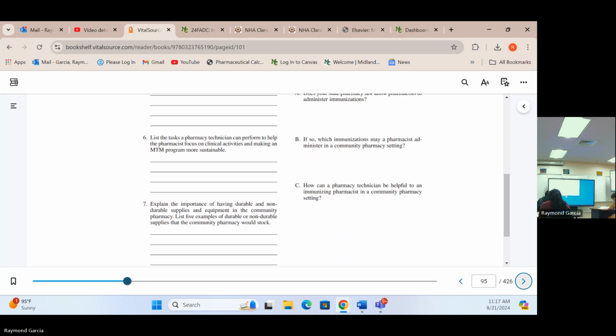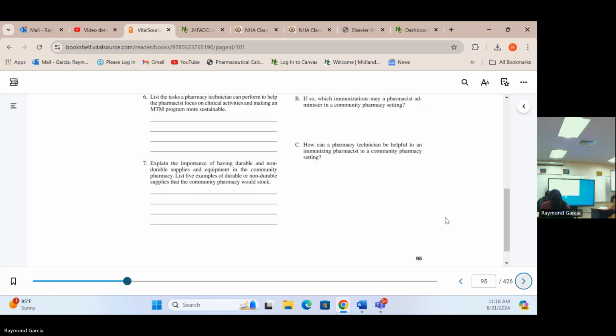Number one gives you the role of a pharmacy tech. And the importance of having durable and non-durable supplies and equipment in the community.